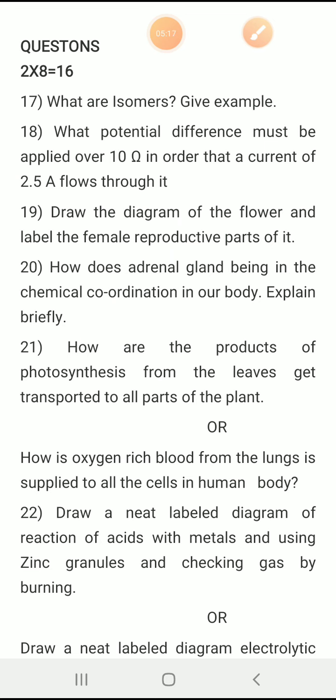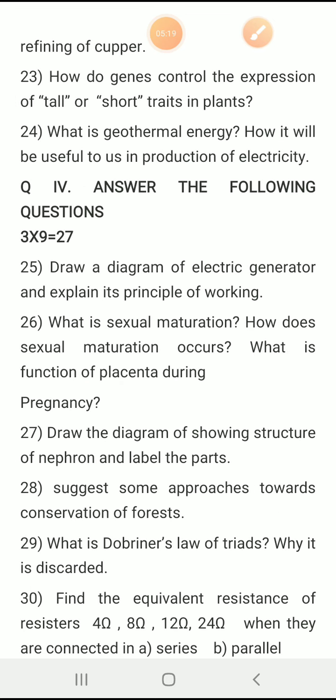One more diagram is given here. Draw a neat labelled diagram of electrolytic refining of copper, right? Children, you know that in the electrolytic refining of copper, a copper sulfate (CuSO4) solution is taken, and two electrodes, cathode and anode, are connected to DC current.